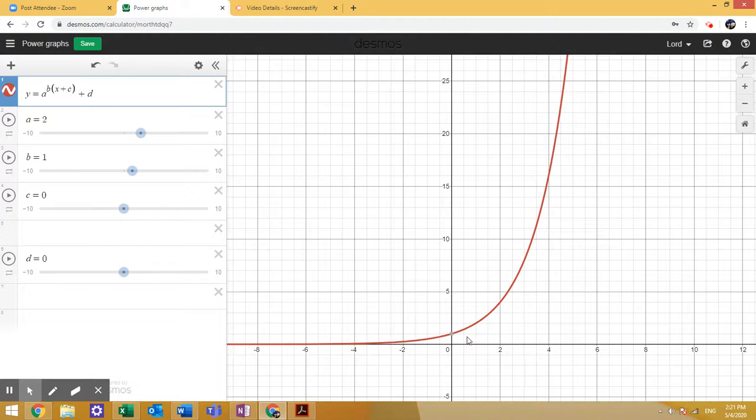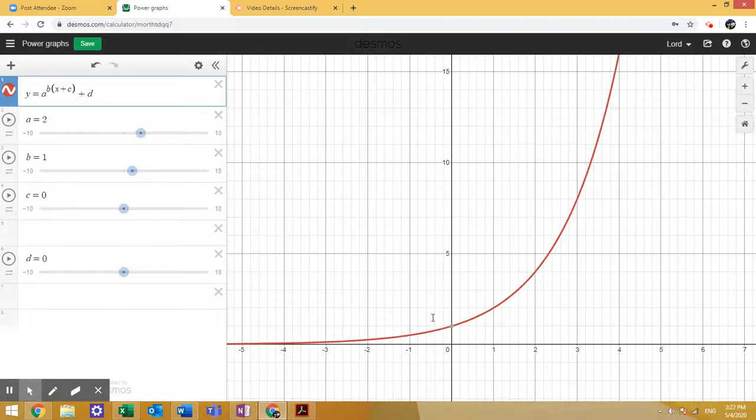Let's zoom in a little bit and we'll see if we can get the number 1. So 2 to the power of 1 is 2. 2 to the power of 2 is 4. 2 to the power of 3, get it right, Mr. Bryant, is 8.